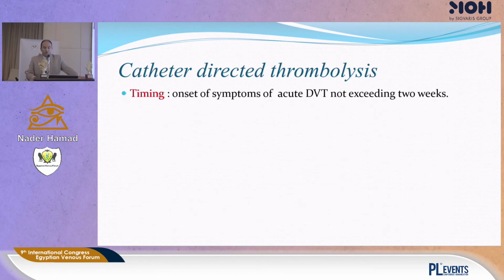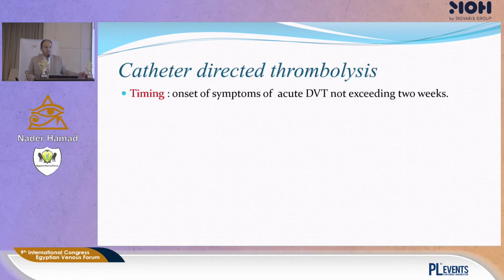One of the most important things which we have seen in the research, and which was explained yesterday, is the duration of the thrombus. There is a big difference between the timing of the start of the patient's symptoms and the age of the thrombus, which is the main key factor to ensure lysis of the thrombus and achieving the primary outcome, which should be clot removal.